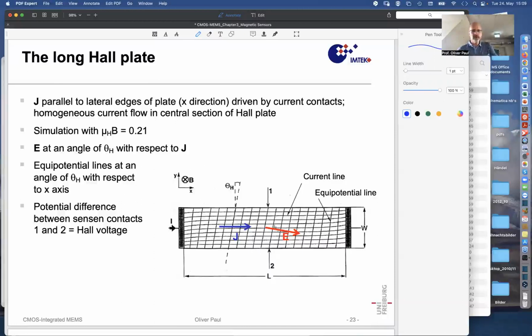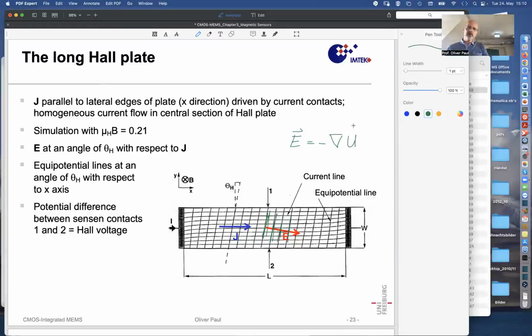And then the electric field in that region is oblique, and therefore the equipotential lines are perpendicular to the electric field, because the electric field is equal to minus gradient of the potential. Let's call it U or phi or V, or all those symbols that are used for the electrostatic potential.